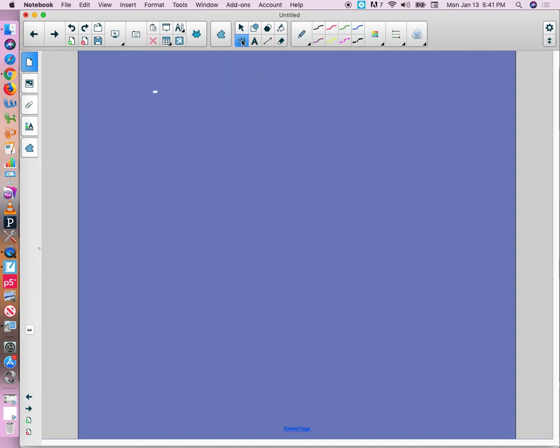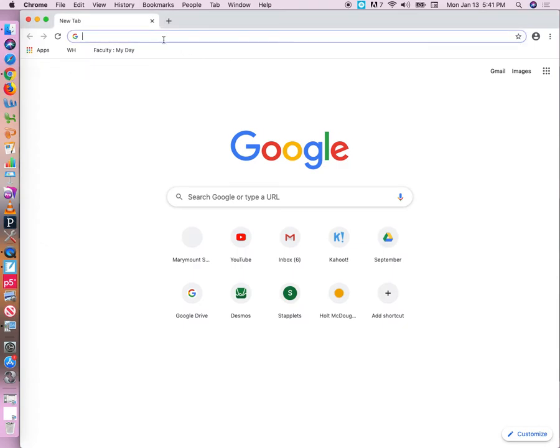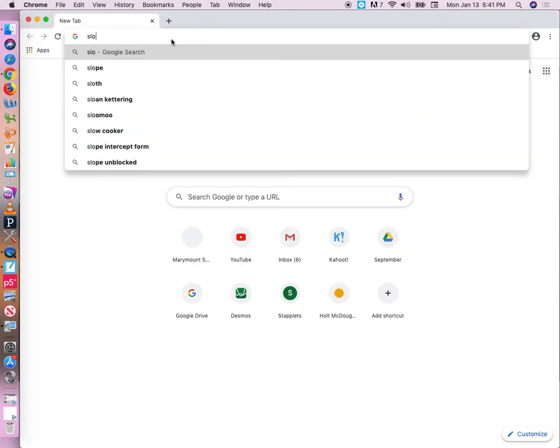Let's see, it would have been great if I had put this in, which I did in my other slides, but I'm trying to think how I want to do this because I want to draw them all, but I may not be able to find the worksheet. Let me see if I can find it real quick. I might just find it online because it's a pretty common worksheet.